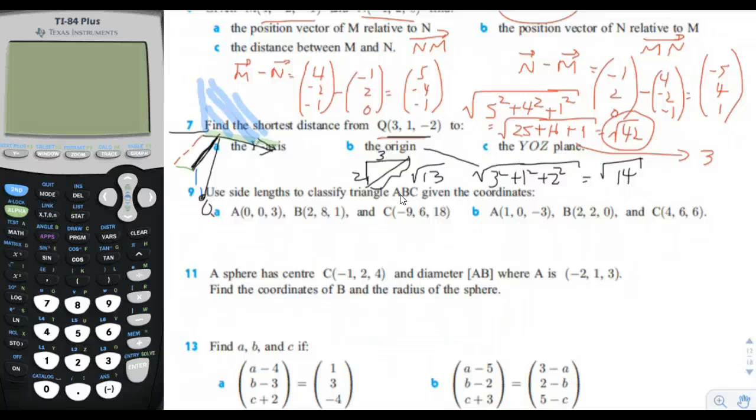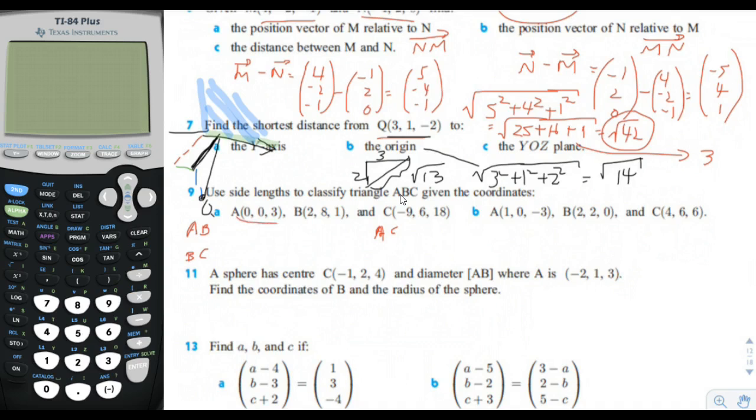I think it's a little bit easier to do with side lengths. So how about if we do that? We're going to figure out what the side lengths are for AB, BC, and AC, and based on that, we'll try to figure out what kind of triangle it is. Okay. So let's see.